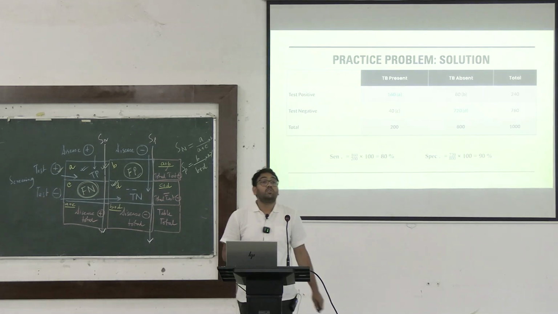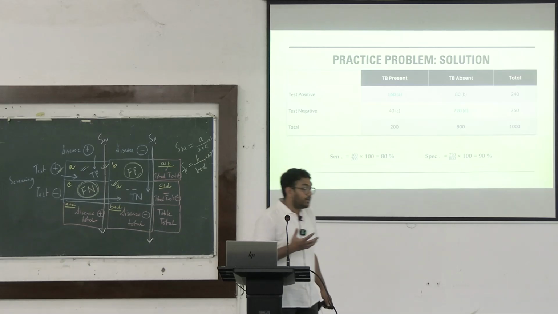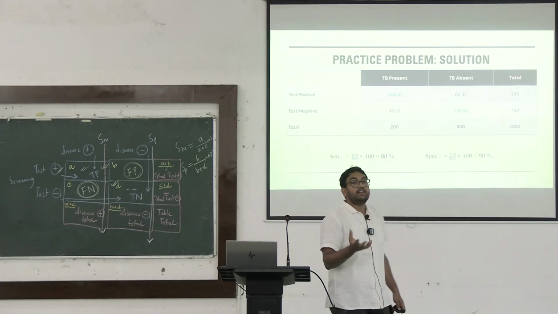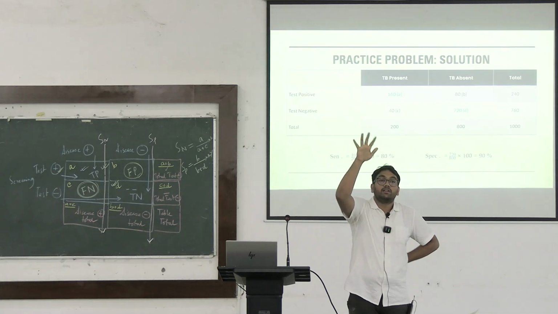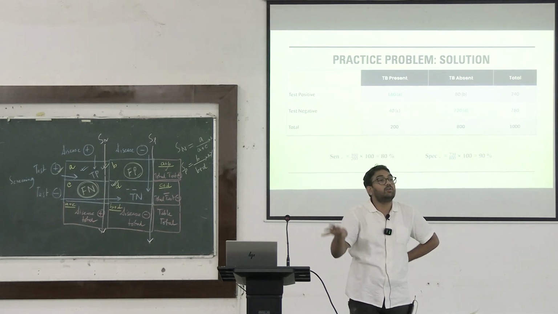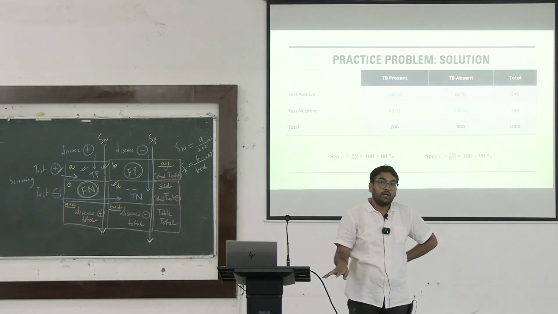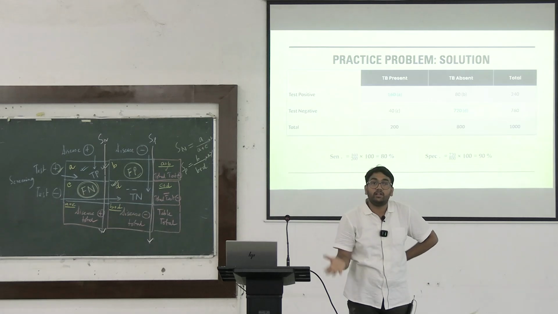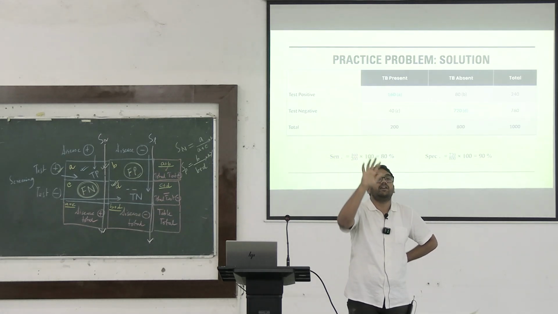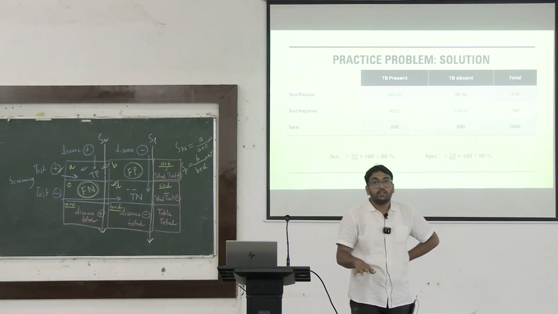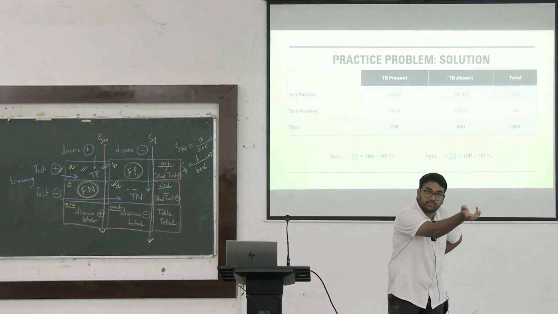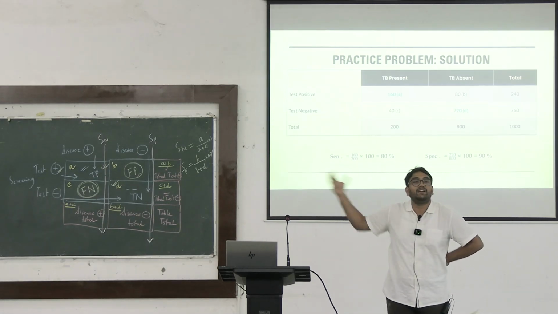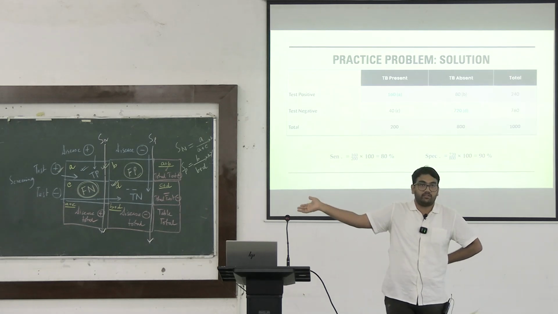Now is what to prioritize. See, it so happens that if you increase the sensitivity of a test, the specificity automatically goes down. And if you increase the specificity of a test, the sensitivity goes down. The more you make the test able to detect the disease, it will end up detecting disease in some people who do not have that disease.